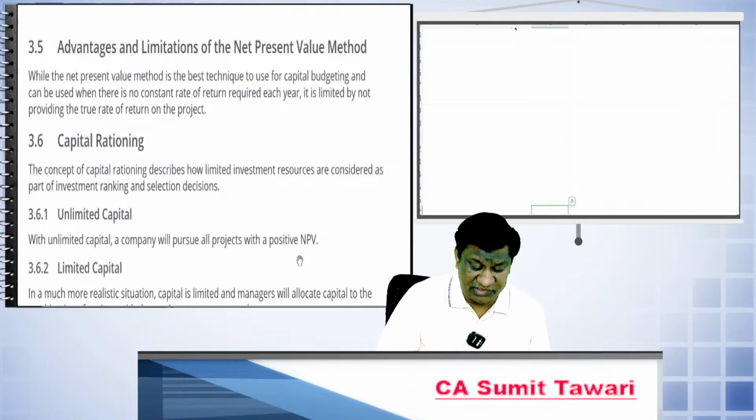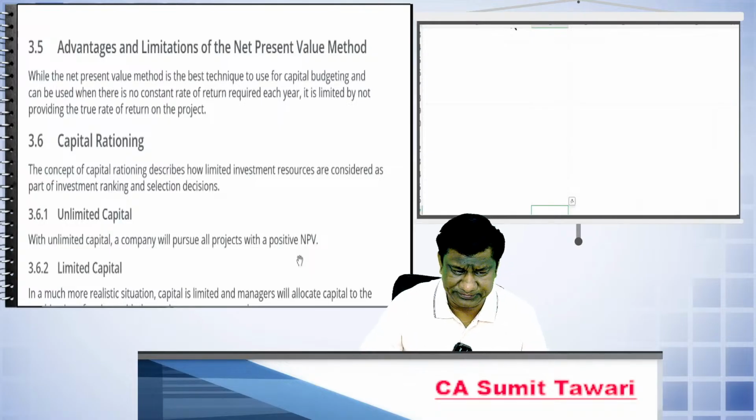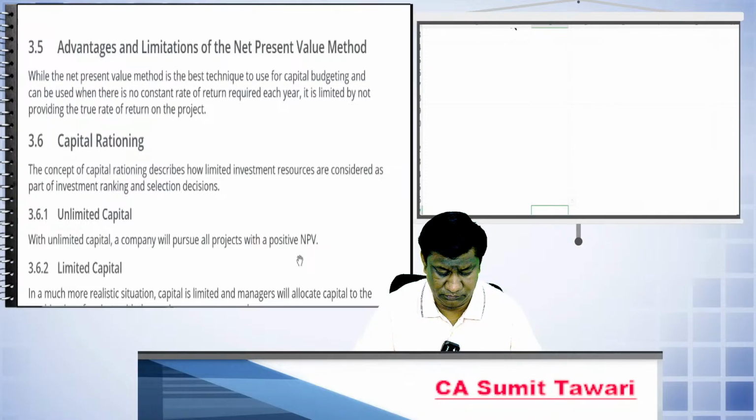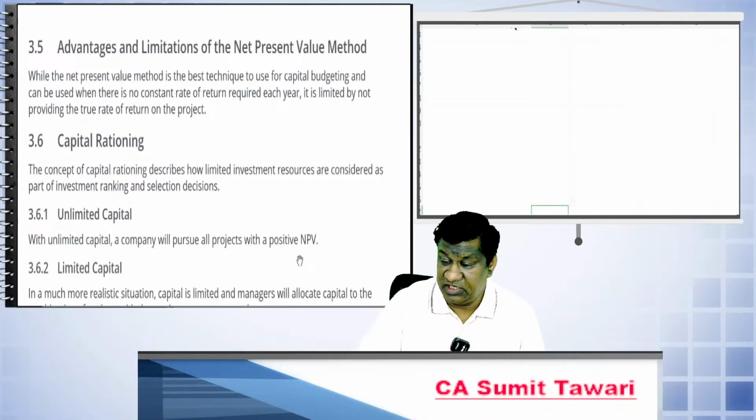So what are the advantages and disadvantages of net present value? Capital rationing.